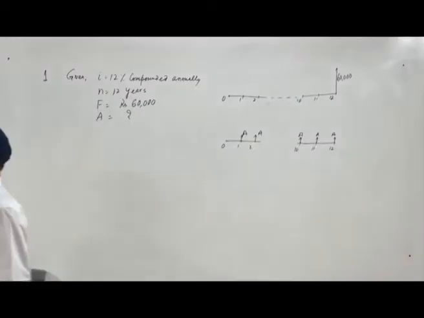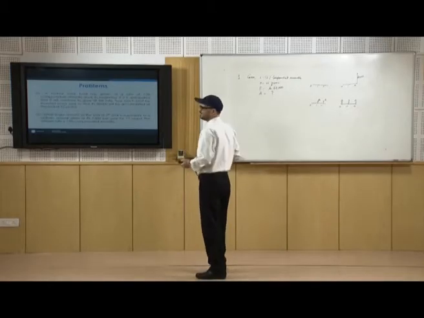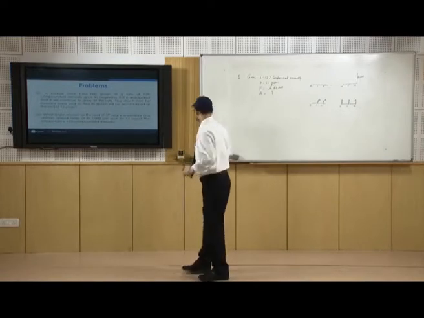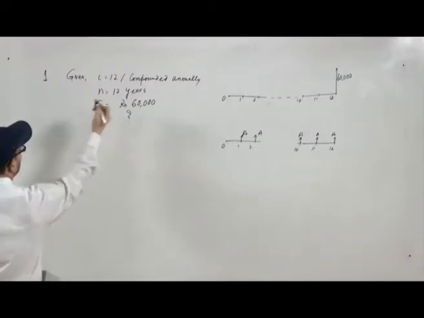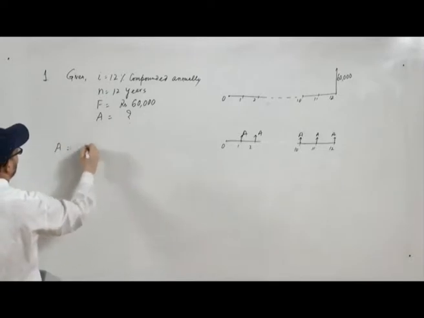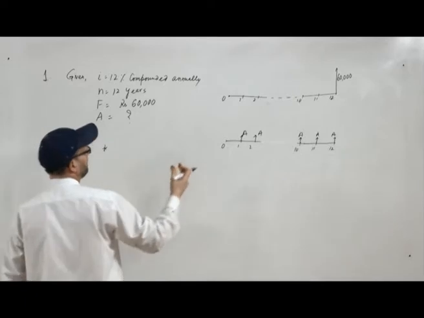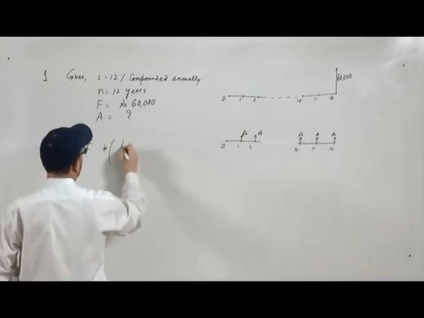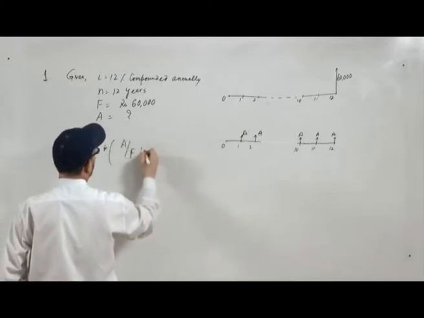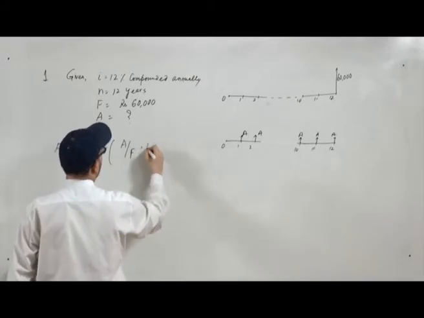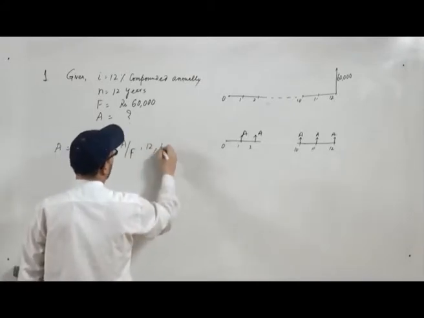For finding A, the equivalent value of annual deposit, A will be nothing but F times the factor A by F, I, n. So, I is 12 and n is also 12.